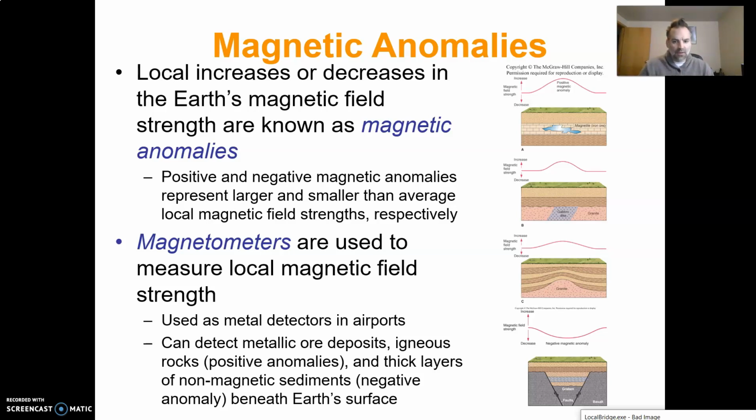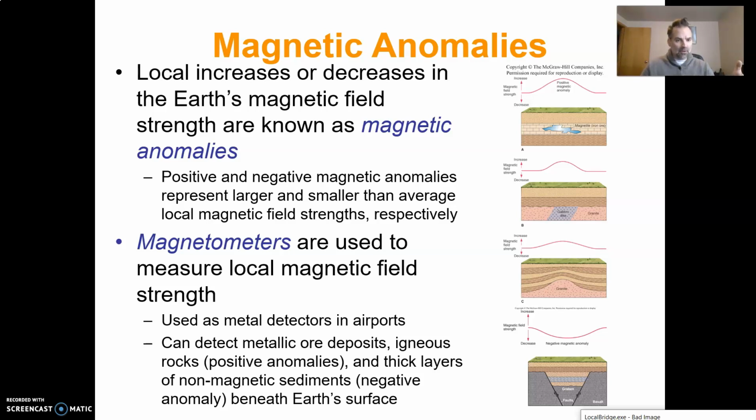We can measure the magnetic field strength with a magnetometer. There are handheld ones. When you went to Cabela's and got the magnetic detector, that detector is kind of a magnetometer, and it detects iron, and you go around the beach and look for coins and whatnot. But they've made more sophisticated ones where you can locate iron ore deposits.